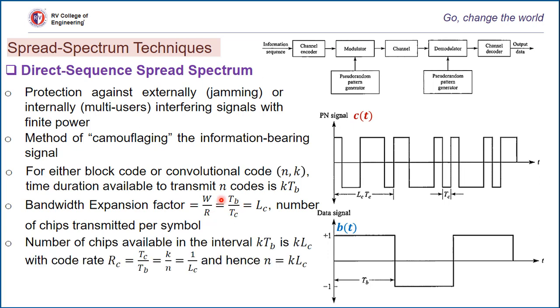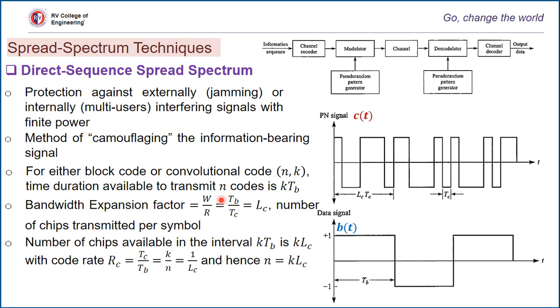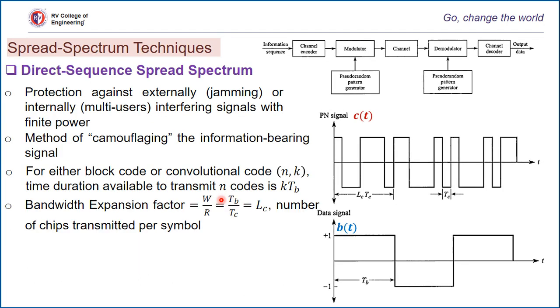It's a ratio of bandwidth over the rate, where the rate R is inversely proportional to Tb, which is your bit duration, and W is inversely proportional to the chip duration. Hence W/R is equal to Tb/Tc, which is called the number of chips transmitted per symbol.